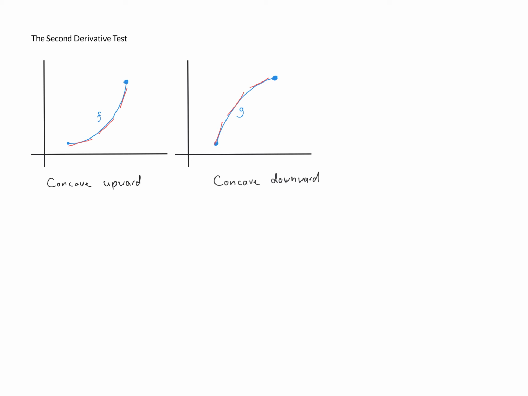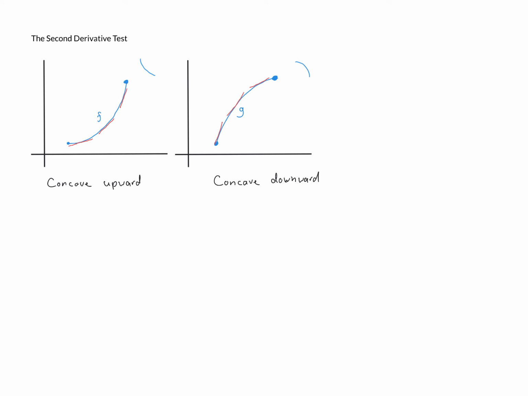We could also have examples where a function was decreasing and concave upward, could look something like this, and decreasing and concave downward would look something like that. Those are just very rough sketches, just so you can see this isn't just with things that are increasing, could be increasing or decreasing.